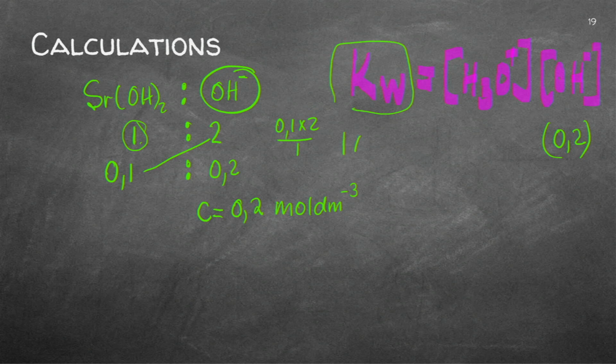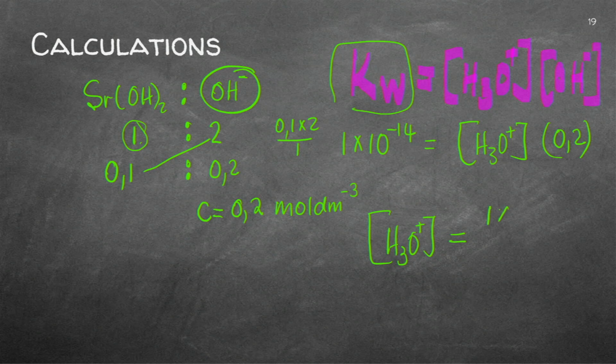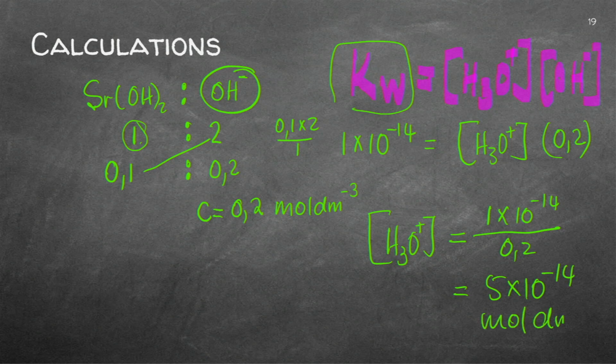So it's 1 times 10 to the minus 14. And that leaves me with the hydronium that I can calculate. So the hydronium concentration will be the 1 times 10 to the minus 14 divided by the 0.2, giving me 5 times 10 to the minus 14 mole per cubic decimeter.